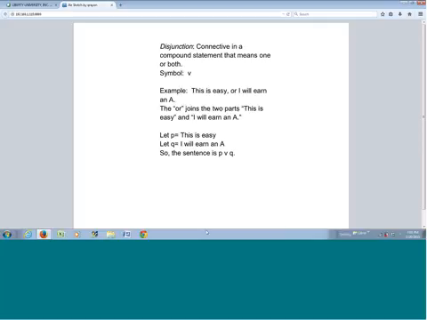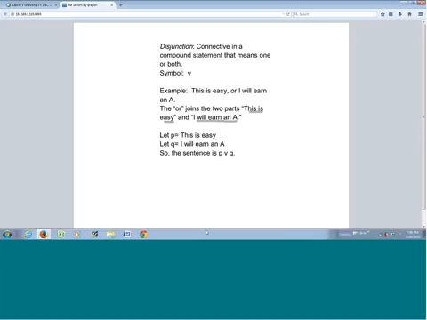Disjunction is another rule. It's a connective in a compound statement that means one or both. And its symbol looks like the letter V. So here's an example: this is easy, or I will earn an A. The or joins the 2 parts. This is easy is one part.